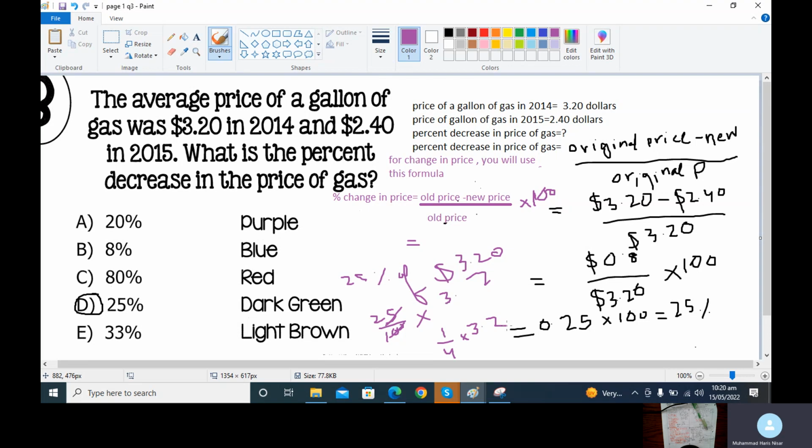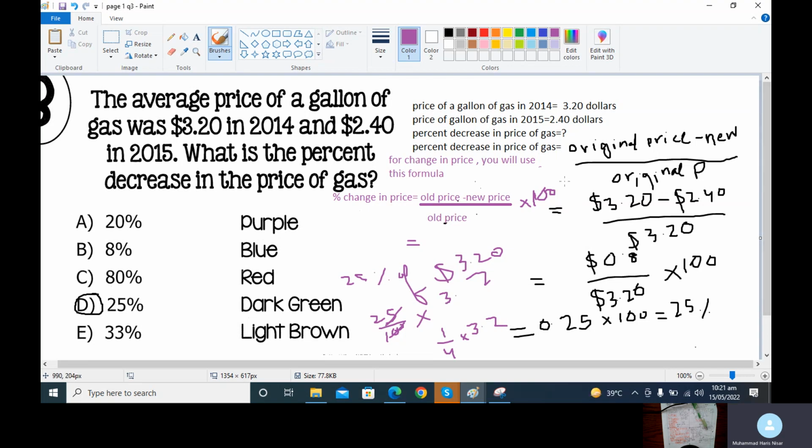Which formula are you using? That new minus old divided by old times 100? I am just verifying this step. Are you using that one I told you, or the other one you wrote for this one?